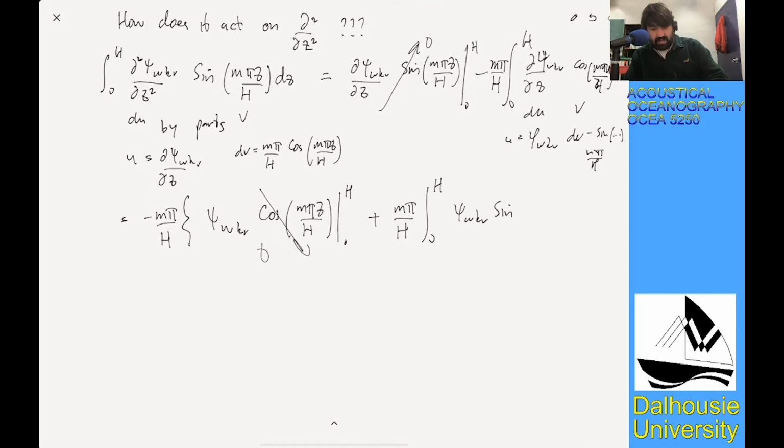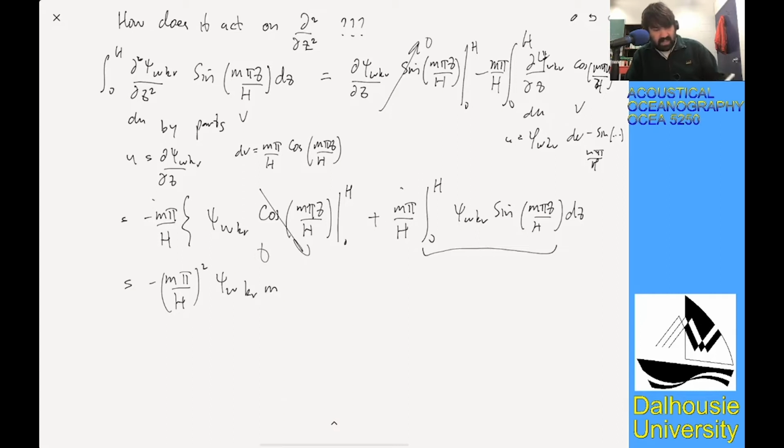We have the thing that we want. We have a sine, which is great. This is looking very familiar. It's looking so familiar it hurts. And of course, this is in fact the actual definition, right? This is the definition of the transformed variable that we wrote on the previous page. So we're going to have a minus m pi over h, all that squared from the 2 bits here. And then we're simply just going to have the transformed variable, the triply transformed variable, right?